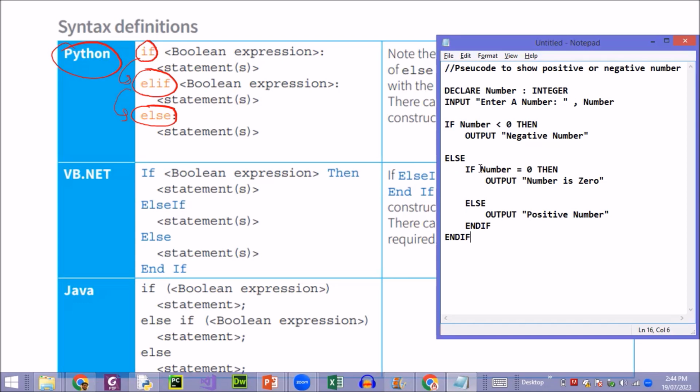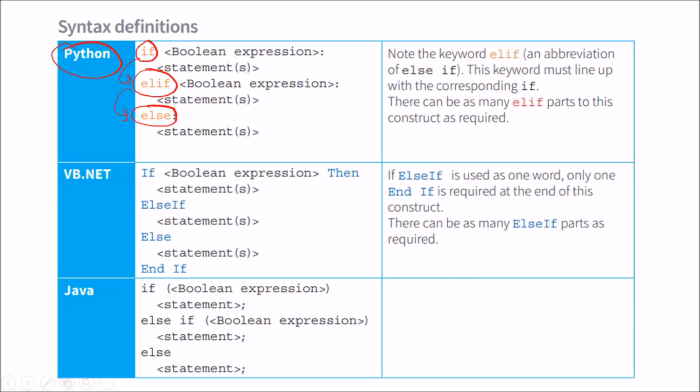But for else if, when you have multiple conditions, you can write it this way. The keyword elif, an abbreviation of else if, must line up with the corresponding if. So this corresponds to this if condition.